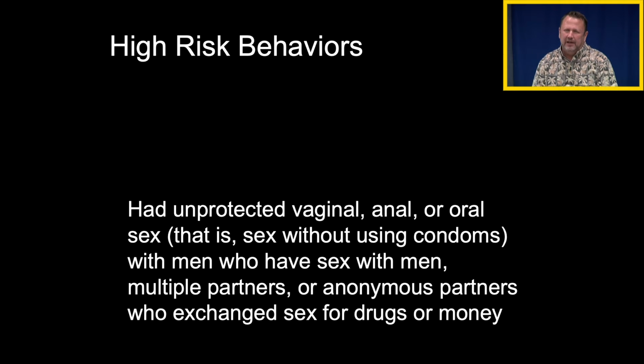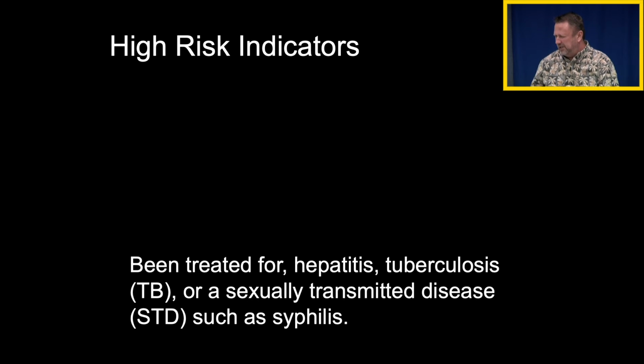Unprotected sex in any manner described here is a high-risk indicator for contracting HIV, as well as having or being treated for sexually transmitted diseases. And so that's why if you check out the Maui AIDS Foundation or any AIDS foundation that treats the HIV and AIDS population, they'll do a lot of testing for sexually transmitted diseases, because the presence of sexually transmitted diseases is a high risk indicator for the potential for HIV.